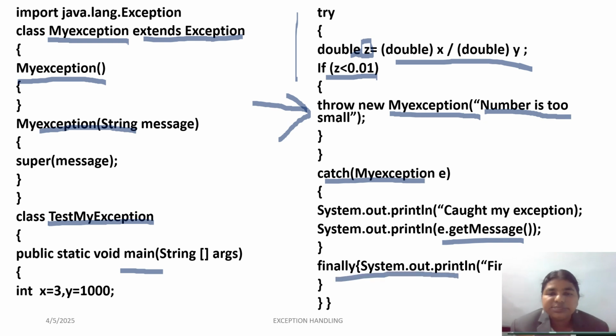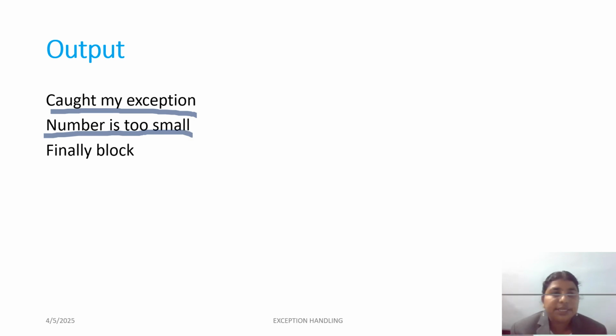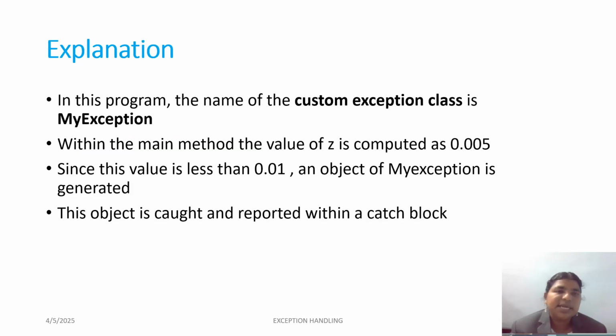We have the finally statement, and we can take a look at the output of the program. Caught MyException, and the number is too small, and the finally block also gets executed. Here is the explanation.